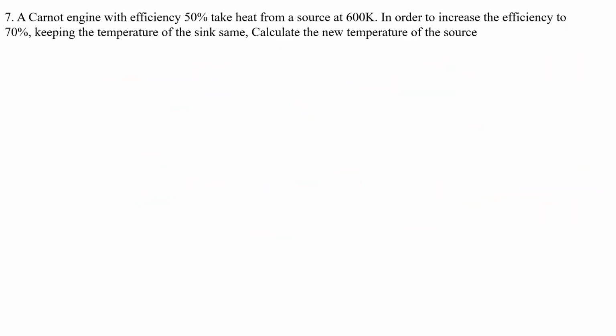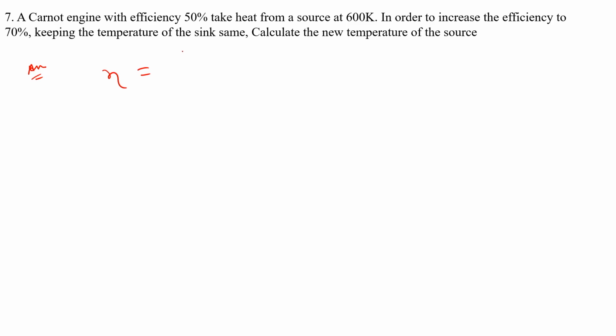Next problem is a Carnot engine with efficiency 50% takes heat from a source at 600 Kelvin. In order to increase the efficiency to 70%, keeping the temperature of the sink the same, calculate the new temperature of the source. Okay. So, eta is 50%, so 1/2.